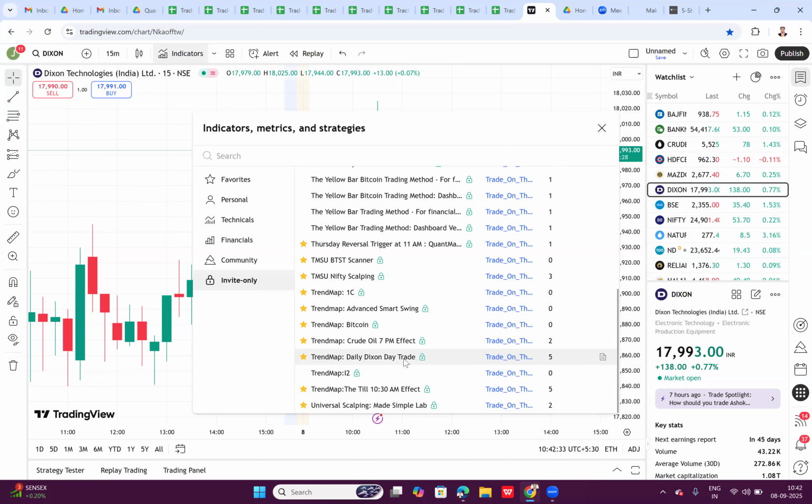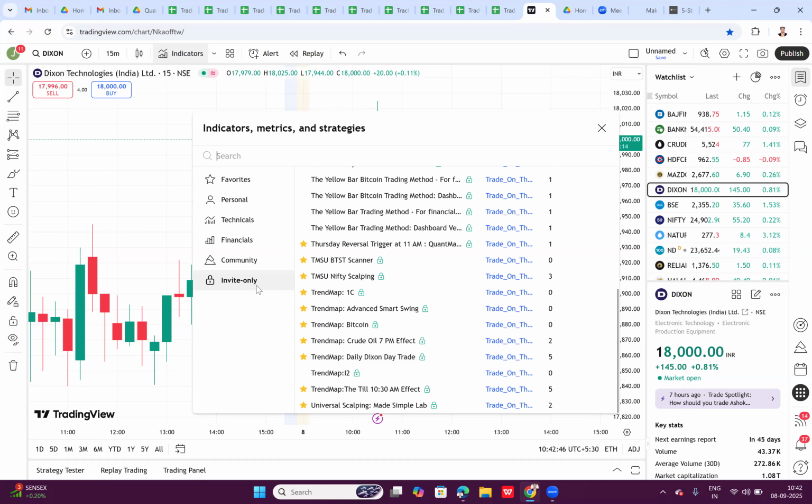You all have access to the Dixon indicator in the invite-only tab of your TradingView. We have already provided access to the Dixon indicators on your TradingView user ID. First, click on the indicators tab. After this, check the invite-only tab, where you will get access to the Dixon indicator.